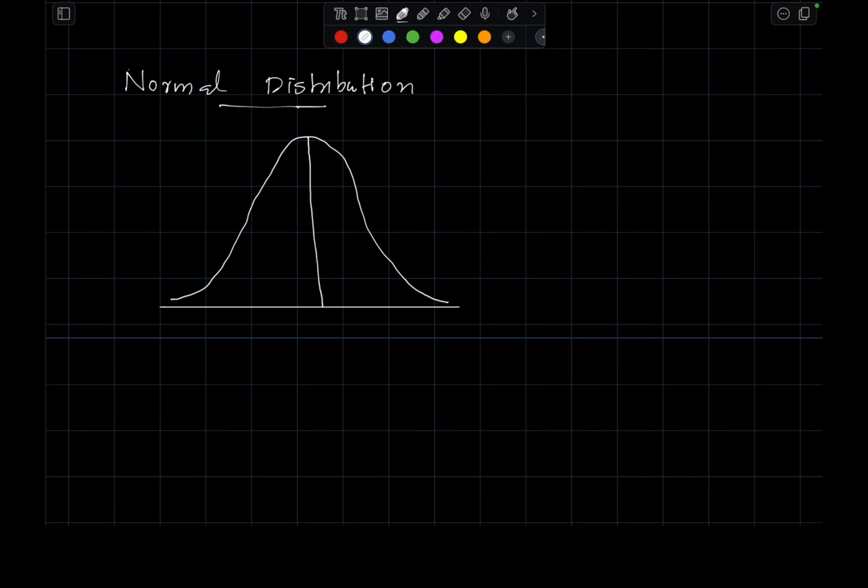This value for a symmetric case, as we discussed last week, this center value will be the mean, which will be equal to the median, which will be equal to the mode. And the notation for normal distribution is N(mu, sigma squared), where mu is the mean and sigma squared is the variance.